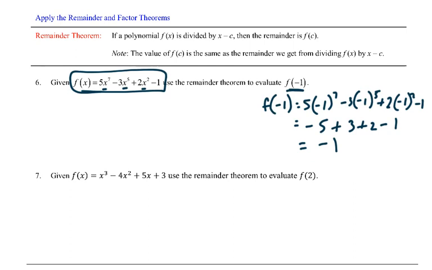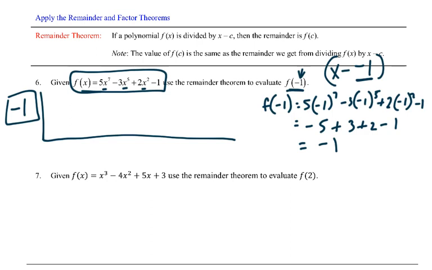Now, I'm going to use the remainder theorem to evaluate it just by dividing the polynomial by my x minus c. So in this case, my c is -1, so I would have x minus -1. Okay, so my value in the outside, I'm going to use synthetic division. I'm going to have a -1 in my box.